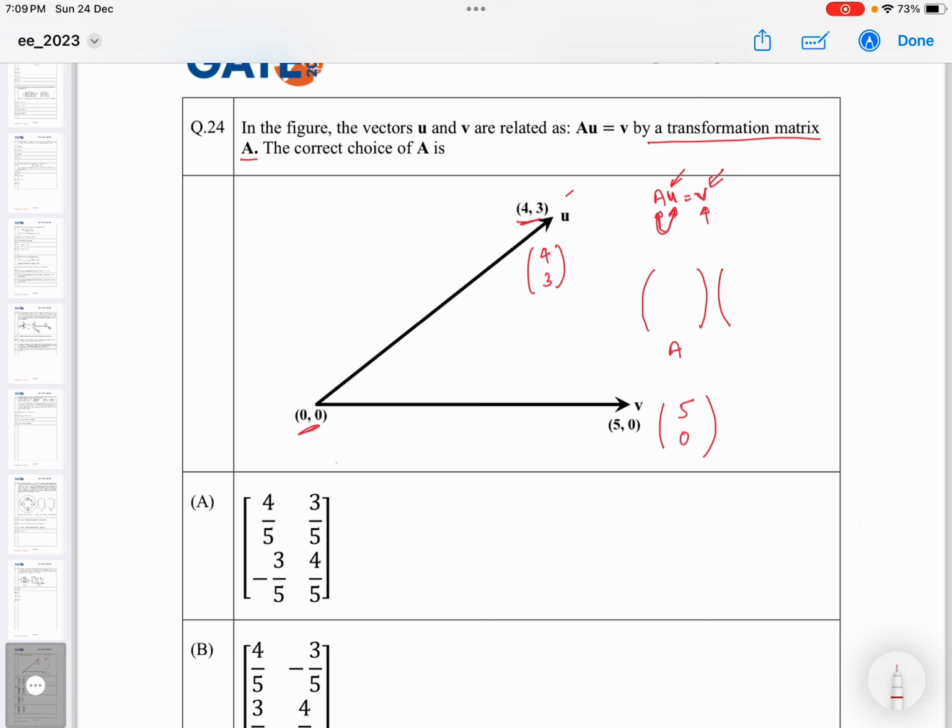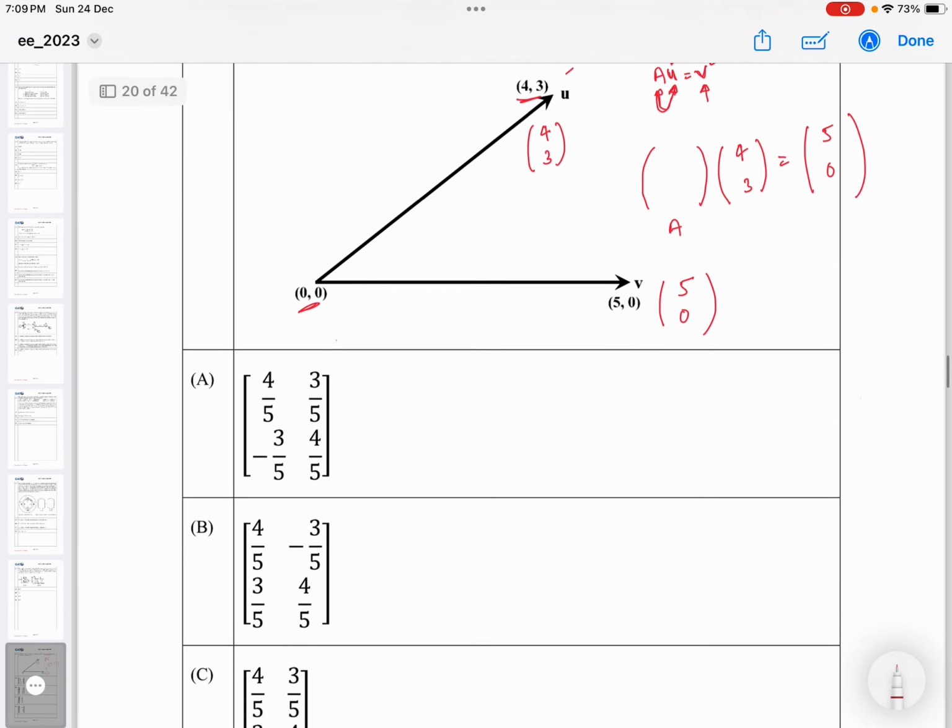Now you can put here 4 3, and that should give you 5 0. Now you can go through the options and see after multiplication. Obviously that is going to be a 2 by 2 matrix, and after multiplication, this is going to be 0, so you will multiply like this and the second row like this, right? So these two elements should be, if it is a, then it should be minus a, right?